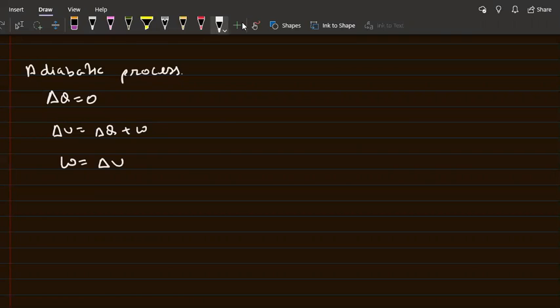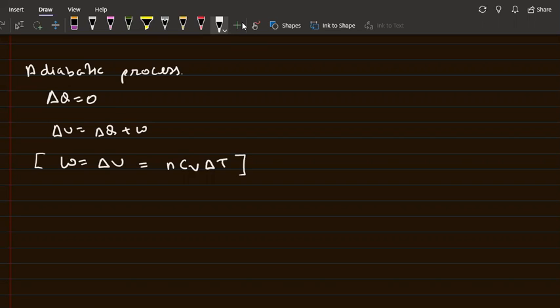Now, this delta U is equal to nCv delta T. Whatever I'm doing, this has nothing to do with the process. Either it is reversible or irreversible, it doesn't matter, you can write this expression.